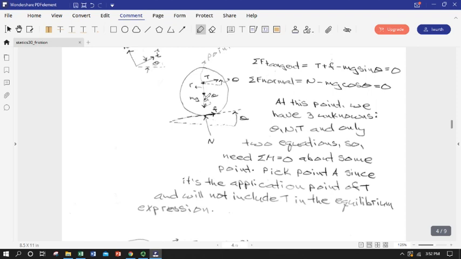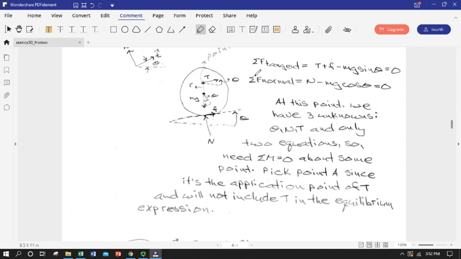We know that the weight is going straight down, and we can resolve that into components parallel and perpendicular to the ramp just using geometry, and it's the same angle theta. And we've got a normal force pushing up against the cylinder by the ramp, keeping the cylinder from sinking down into the ramp. That's our normal force. And so we know all of those angles.